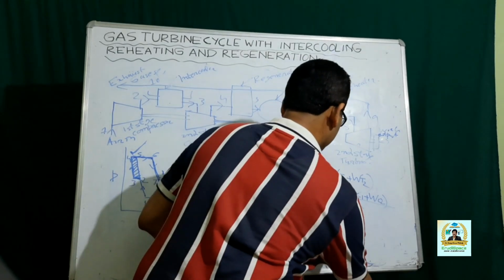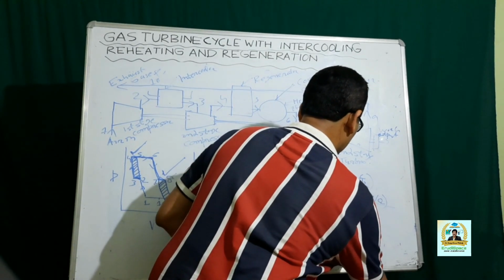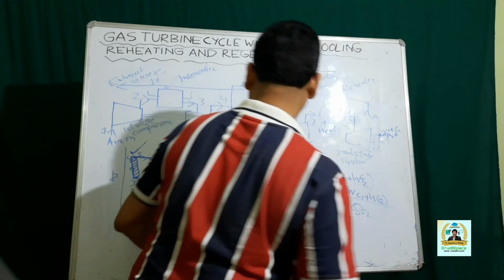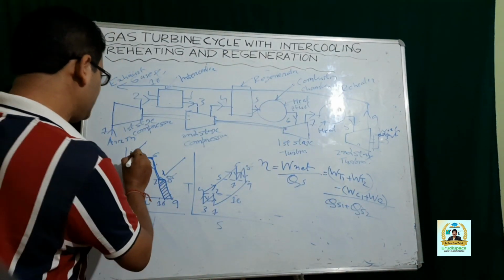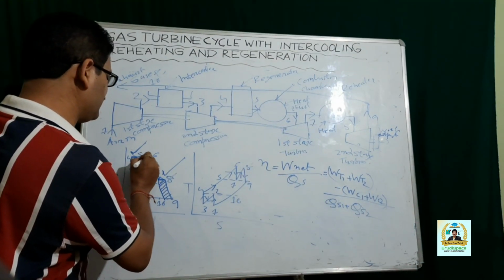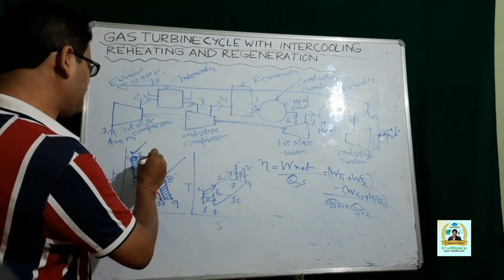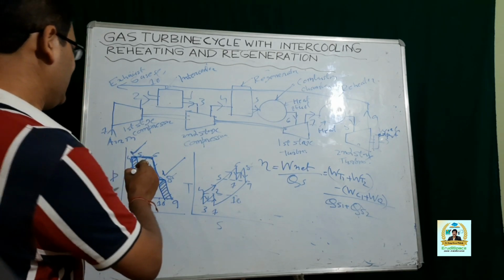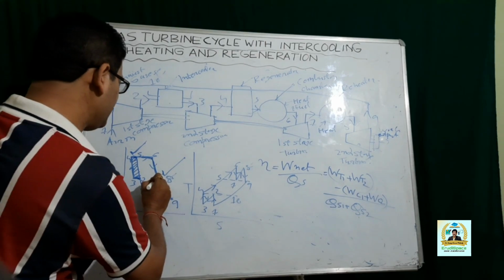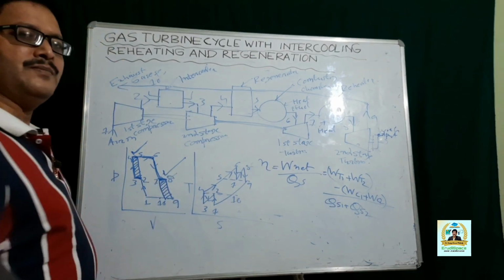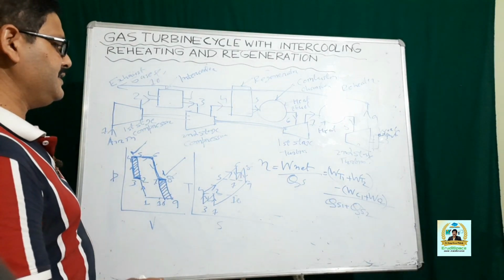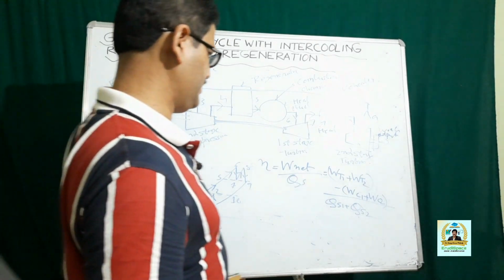Heat supplied is QS1 plus QS2, because this is the heat that is supplied in the combustion chamber, and then this is the heat that is added in the reheater.